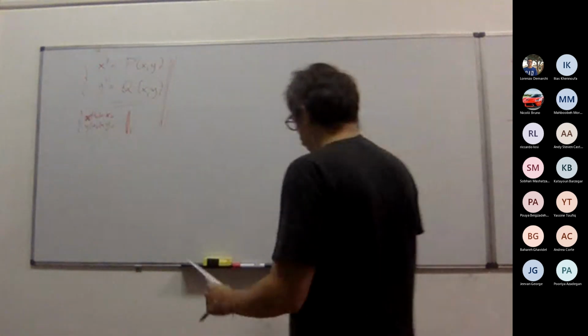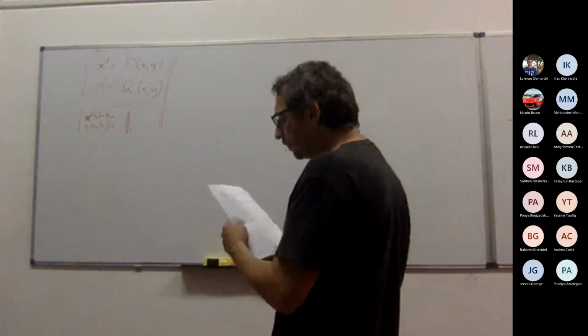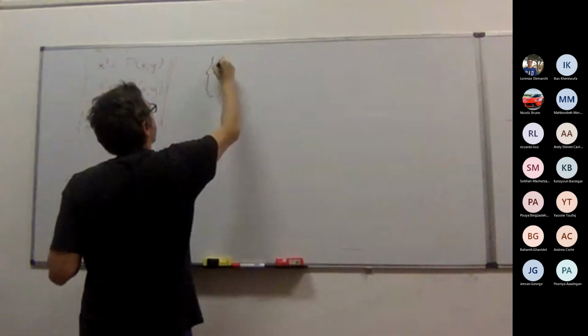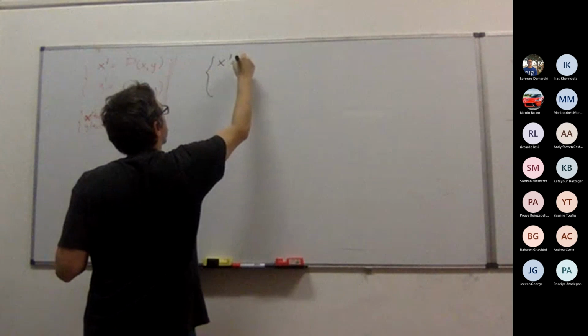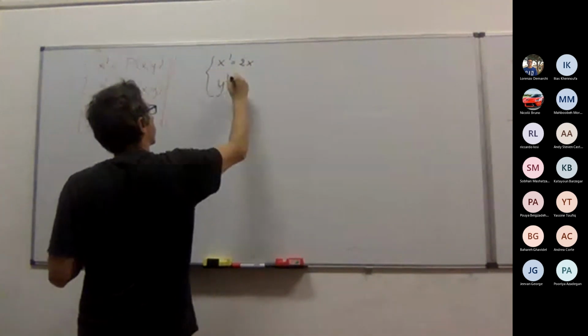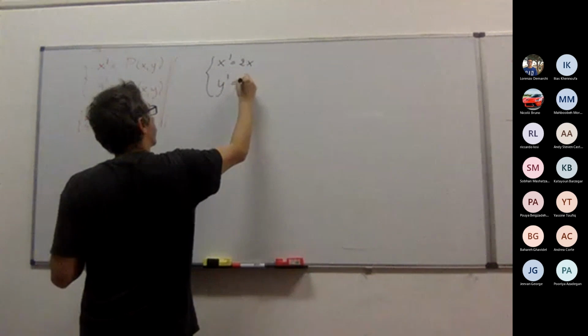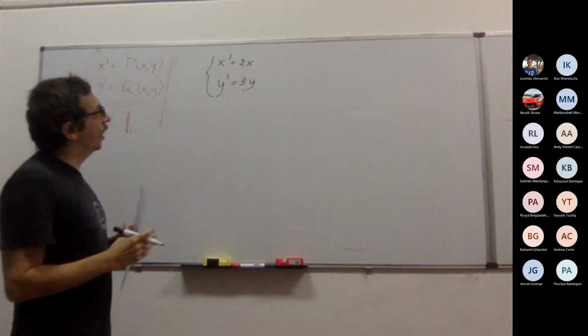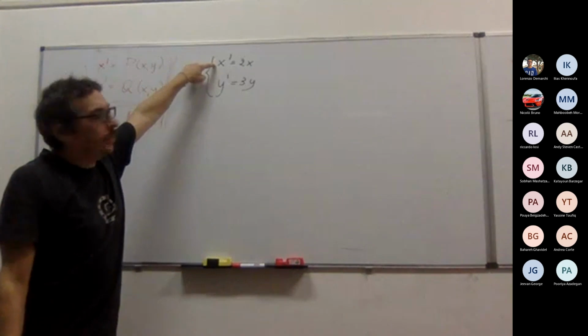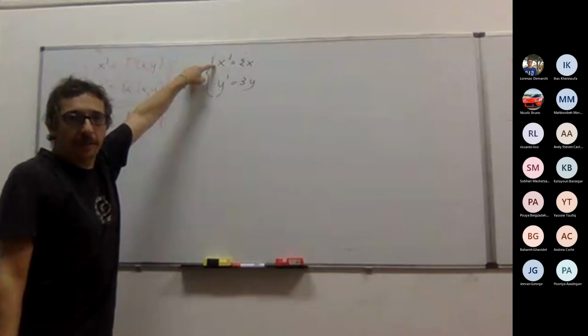Okay. Now, the second example is a system. The first equation is x prime equal to 2x.